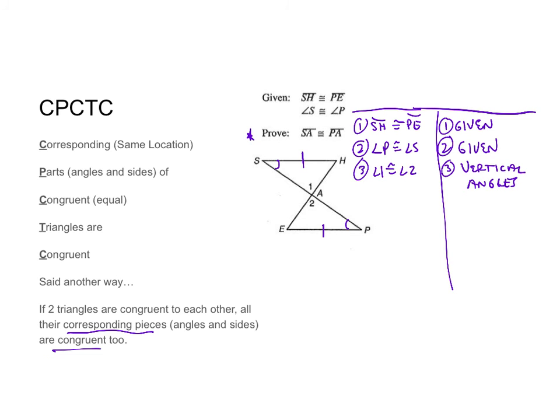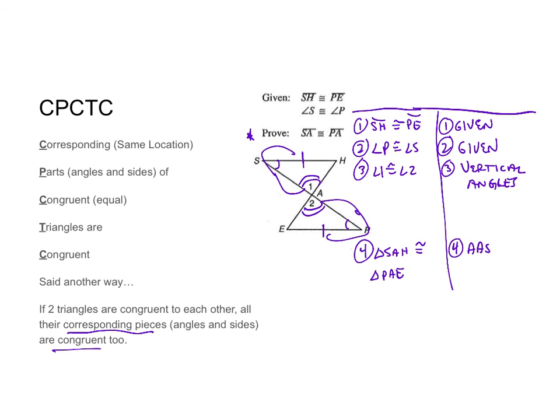So I can say vertical angles. Now I can say triangle SAH is congruent to triangle PAE by angle side angle postulate. I would go angle, angle, side: this angle to this angle, this angle to this angle, this side to this side.